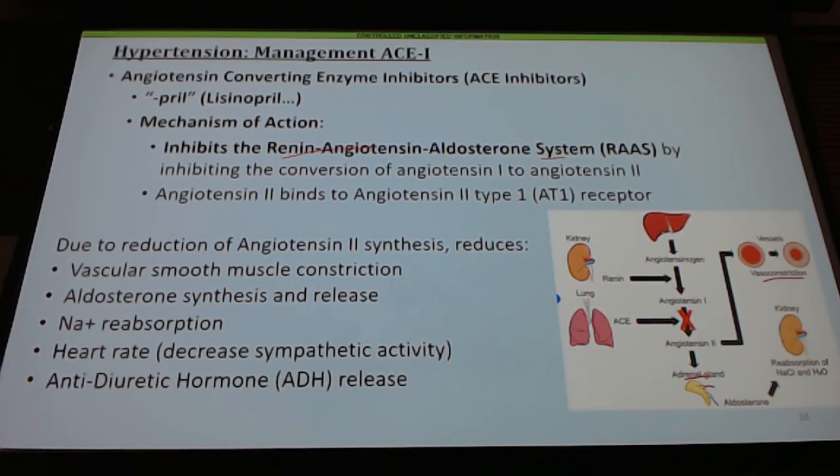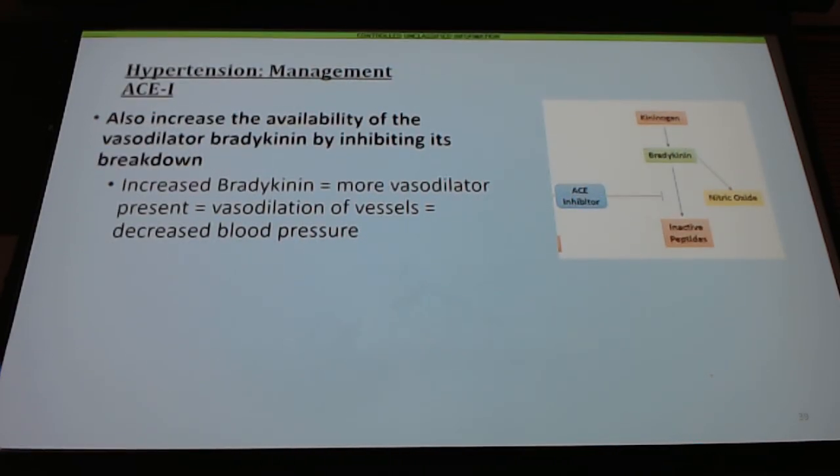But one thing that actually is unique to ACE inhibitors that you don't see with its cousin, the ARBs, is there's another pathway that has a local vasodilatory effect that gets blocked. The ACE inhibitor medication blocks the conversion of bradykinin into inactive peptides.